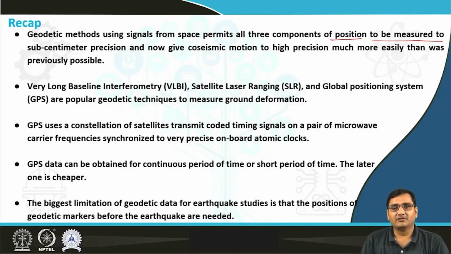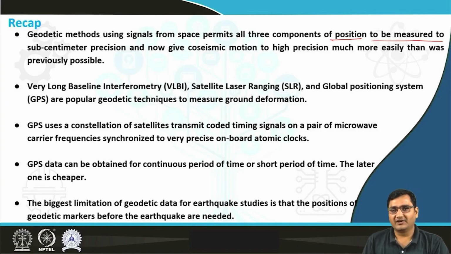GPS uses a constellation of satellites transmitting coded timing signals on a pair of microwave carrier frequencies synchronized to very precise onboard atomic clocks. GPS data can be obtained for a continuous period of time or a short period of time. So basically you can have the continuous mode or the survey mode.